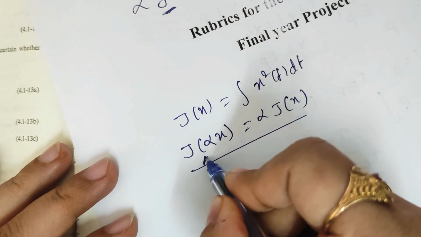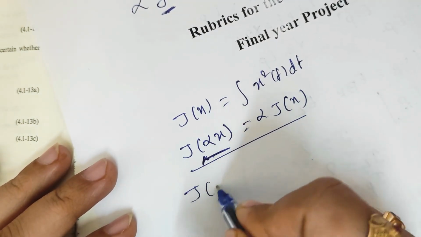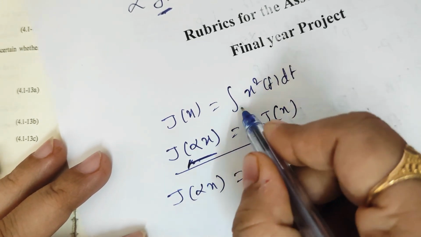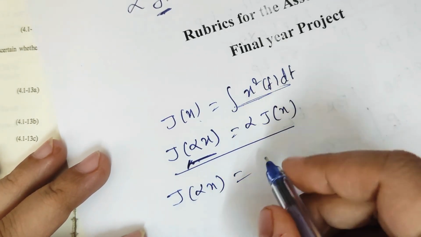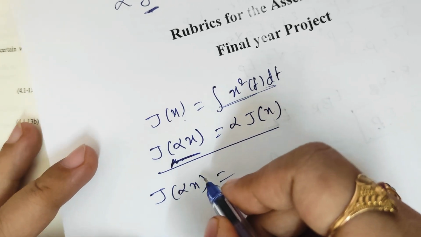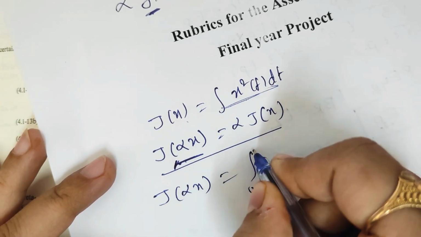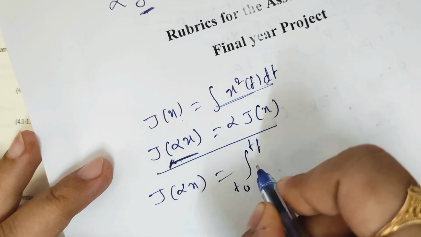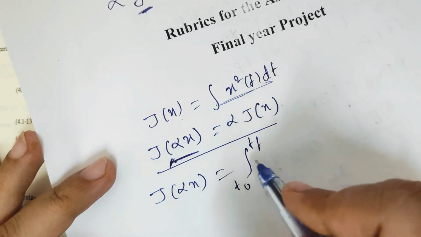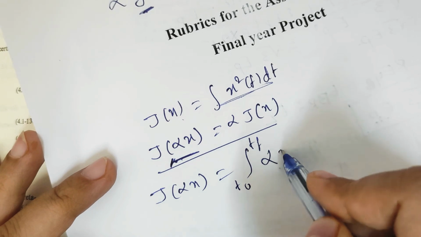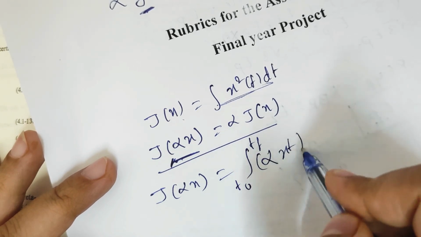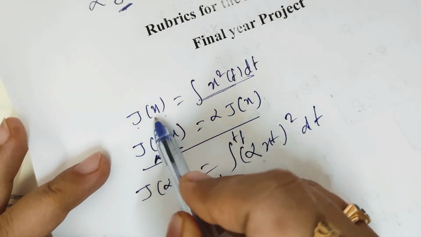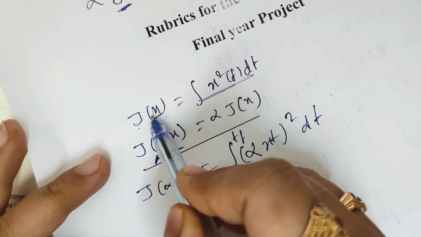So first consider j of alpha x. J of x is nothing but this, right? J of alpha x equal to integration from t naught to tf of alpha into x of t whole square dt. So whatever x term is there, you have to take it as an alpha term.